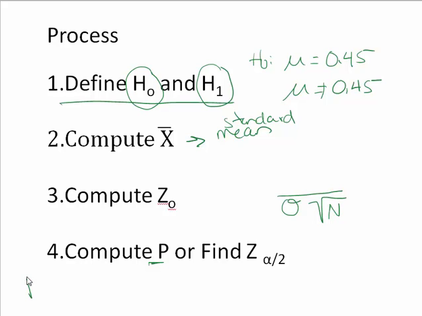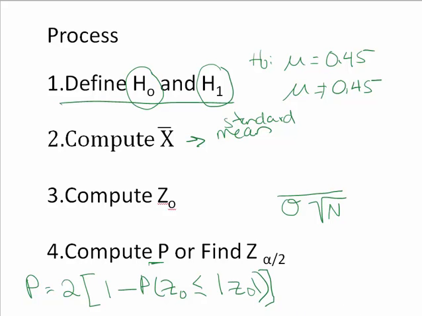The probability is equal to 2 times 1 minus the probability of z-naught less than or equal to the absolute value, which I can actually represent with lines here, of z-naught.